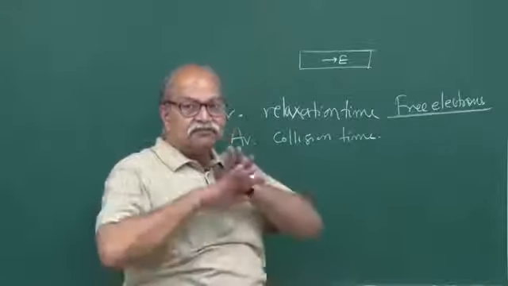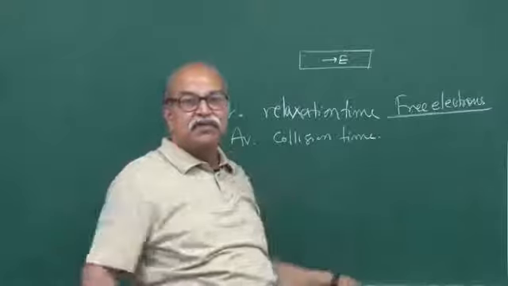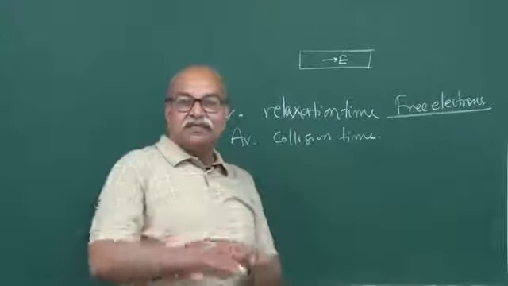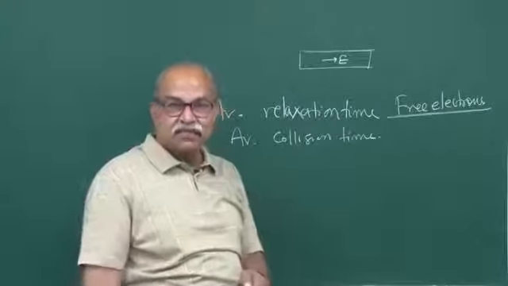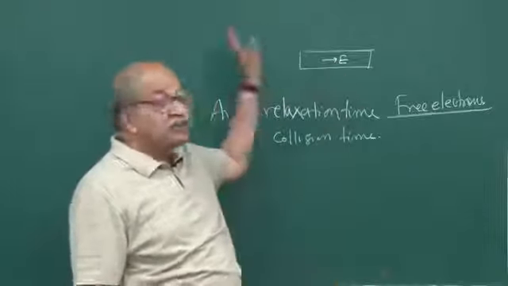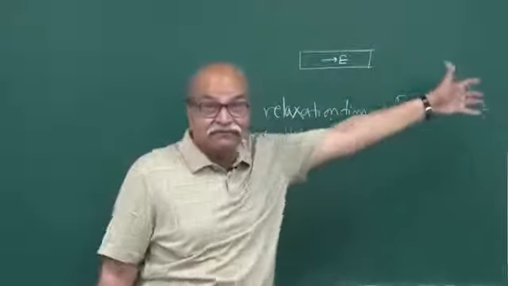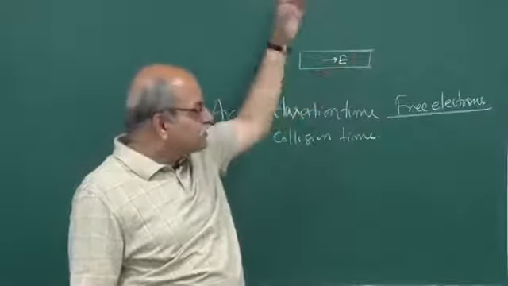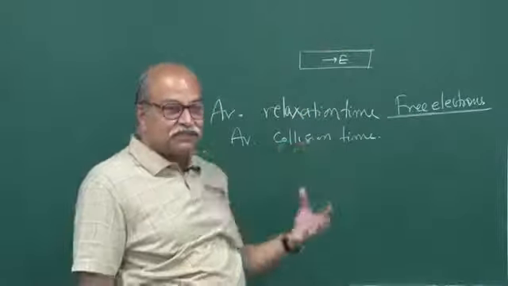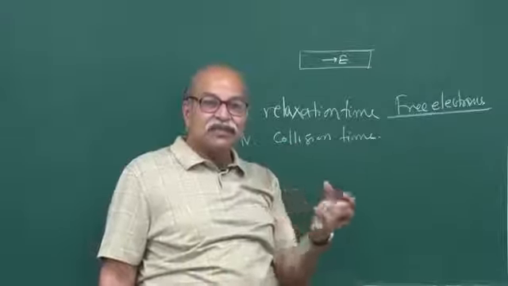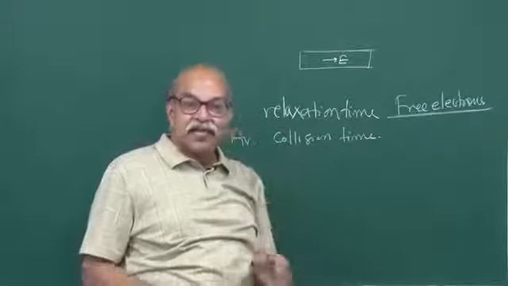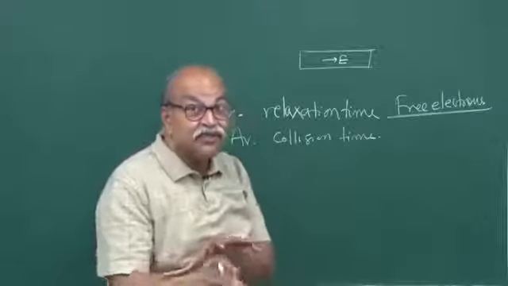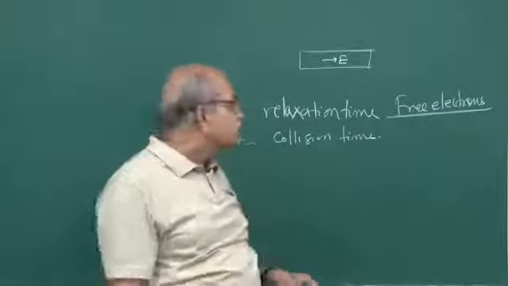So if it is a perfect periodic potential, no impurities, repetition is 100%, then it may go like a wave without any hindrance. But there are problems because of, first thing is temperature, all these ions are vibrating, so that kills that periodicity to some extent.